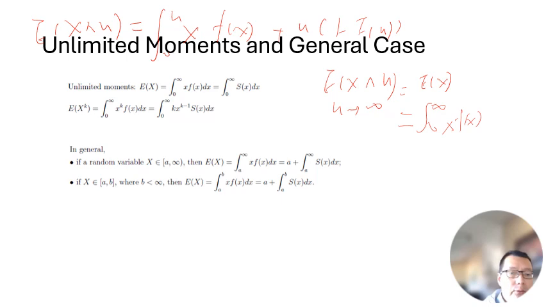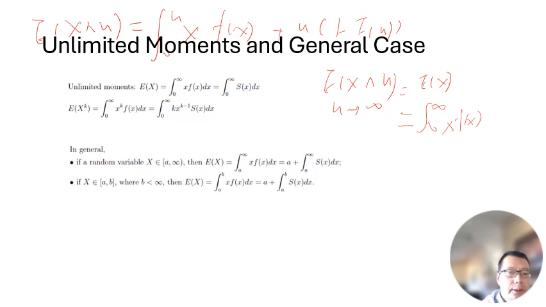And in general, if a random variable X belongs to a to infinity, then E[X] will start from a, plus the integral from a to infinity of S(x) dx.